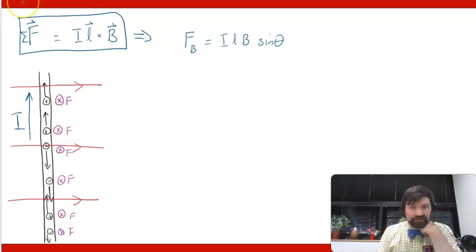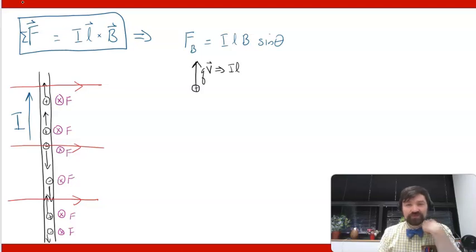So again, if I draw for myself a positive charge and it's going in this direction, this is the V, which ultimately gives you the IL term. This is the QV term. And then I have my magnetic field, which in this case is pointing in this direction, B. Then the angle theta is again counterclockwise from the first part of the vector, the L part, to the second part, which is the B part.